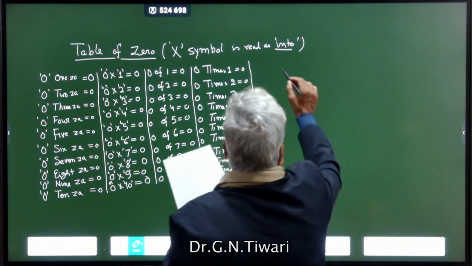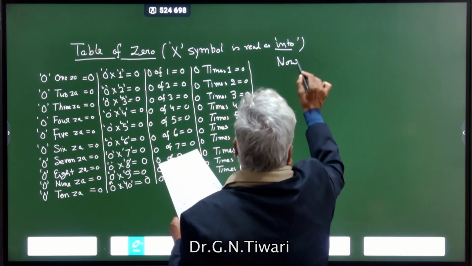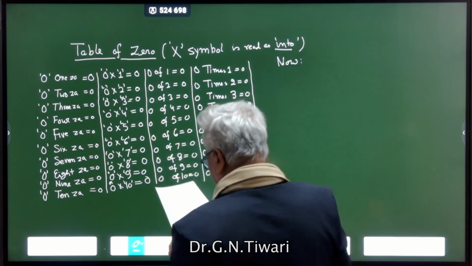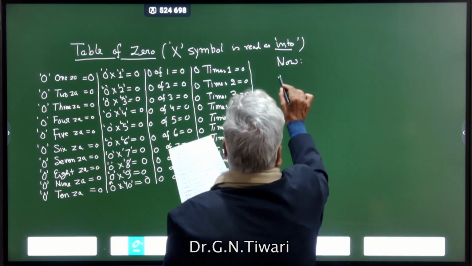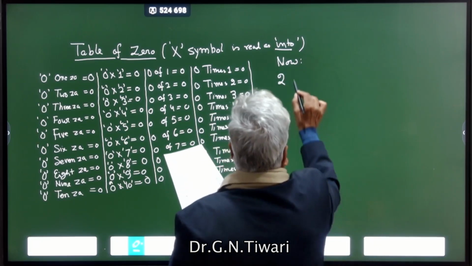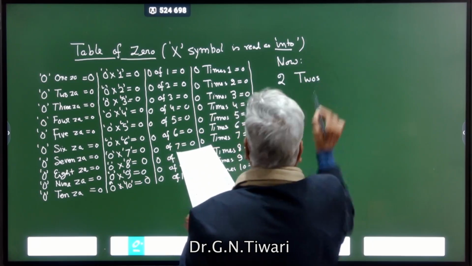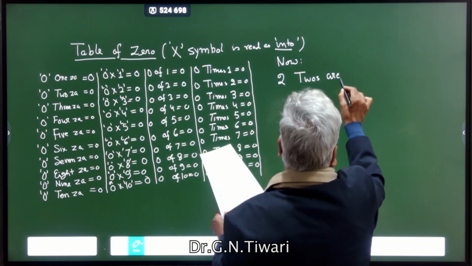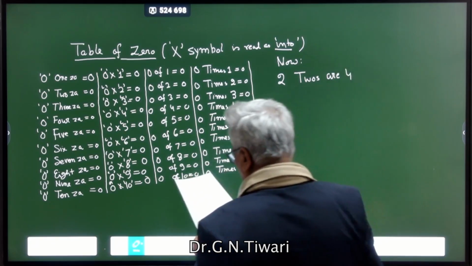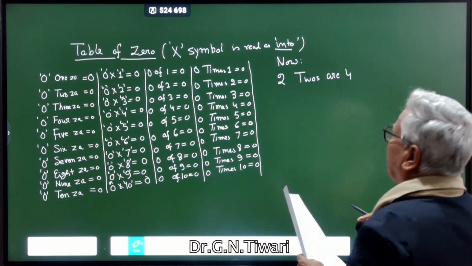Now, suppose you say 2 2's are 4. That is the actual pronunciation.